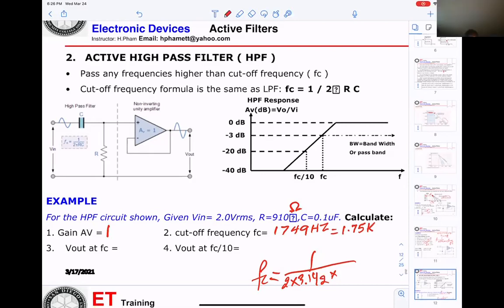And V out at FC would be 1 times the 2 volts RMS V in. You mean VL at FC, right? Yeah, that's what I got, unless somebody else got something different. So what answer do you get? 2 times 1.414? Yeah. 0.7. Oh, maybe I did it wrong. You get 1.4.